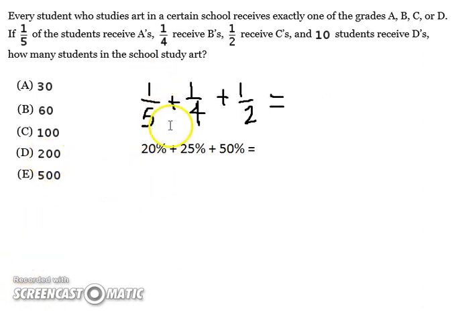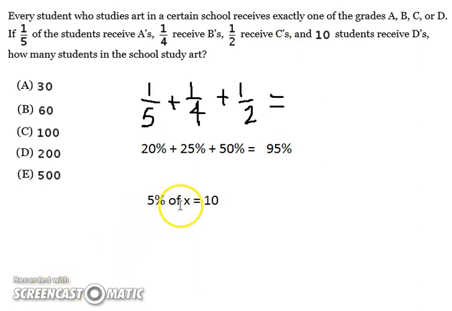So again, 1/5 is 20%, 1/4 is 25%, and 1/2 is 50%. If you add those together, that's going to give you 95%. So 5% of the students got D's, which was 10 students.